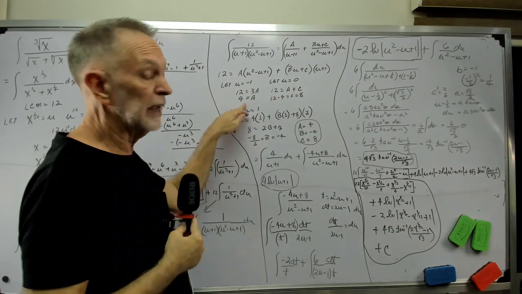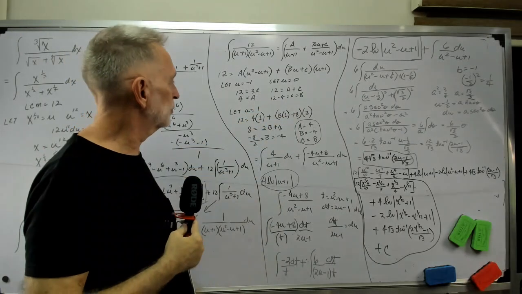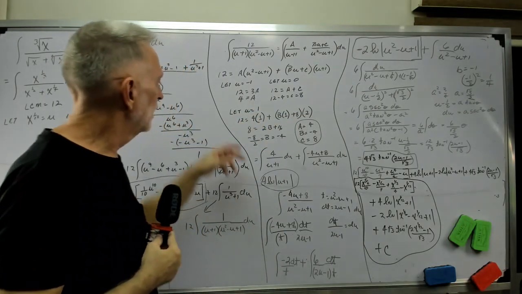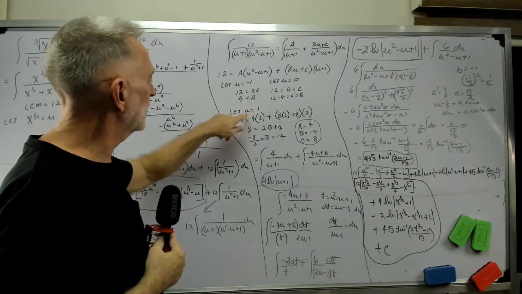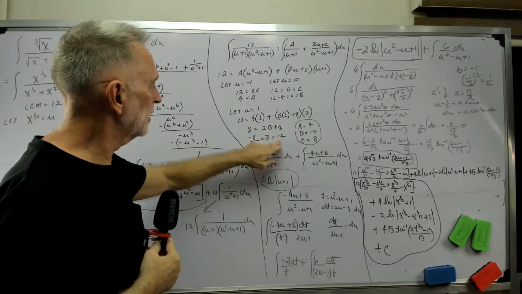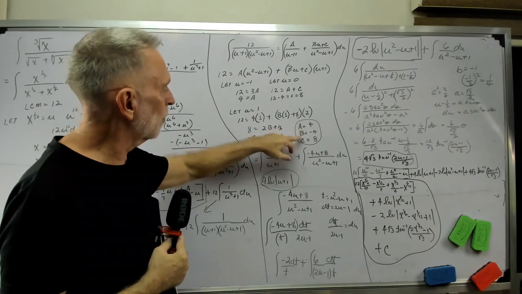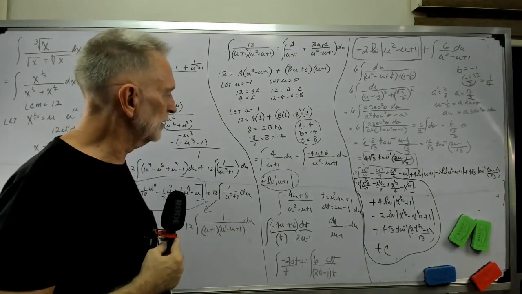Well, we said a was 4, so 12 minus 4 equals c, so c equals 8. Now if I go through this again, let u equal 1, I end up solving for b, and it's -4. So now I have a, b, and c. A is 4, b is -4, c is 8.